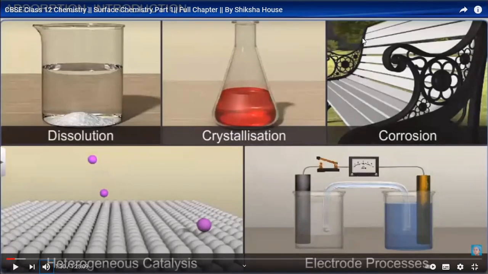Electrode process. The electrode process is electroplating. You have studied in 8th class the process of electroplating. We deposit copper on another plate. That is also a surface phenomenon. The copper does not penetrate the metal rod on which you are electroplating. It just sticks to the surface only.